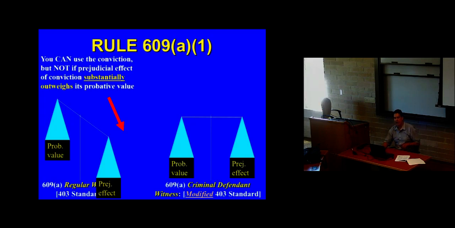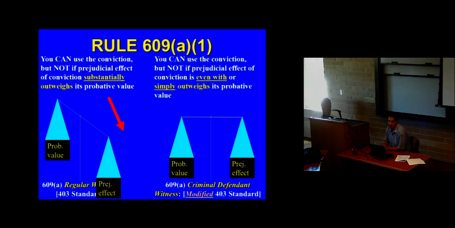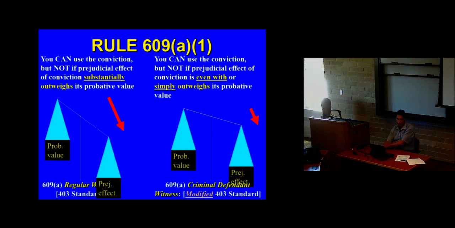Compare and contrast that now to a criminal defendant witness, which does not apply the regular 403 standard, but applies the modified 403 standard, which says that you can use the conviction, but once the prejudicial effect of the conviction is even with or simply outweighs its probative value, then it's going to be inadmissible.